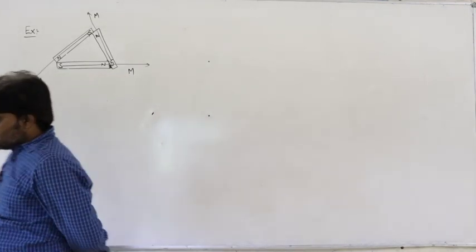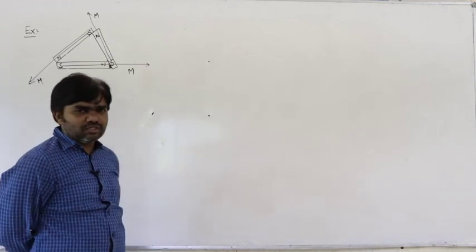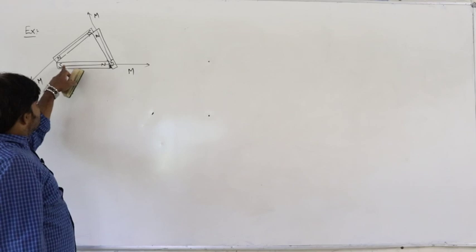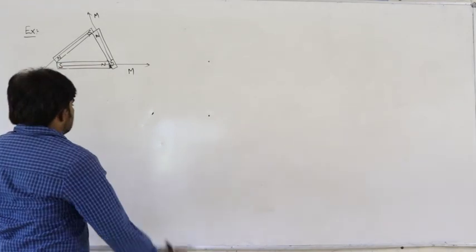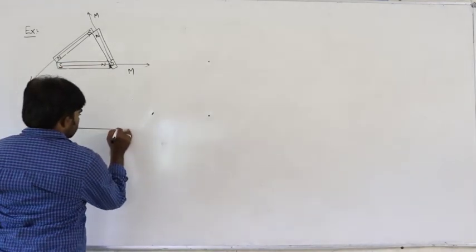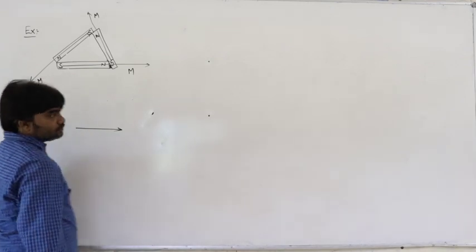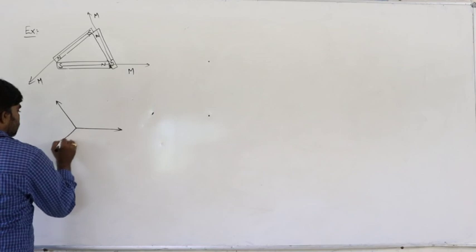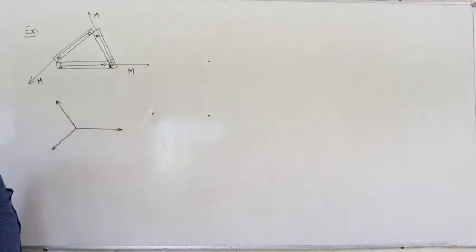So, here the situation is unlike poles touching each other. North, south, north, south, north, south. See here, this is one magnetic moment, and this is another magnetic moment, and this is another magnetic moment. For our convenience, we can draw like this.